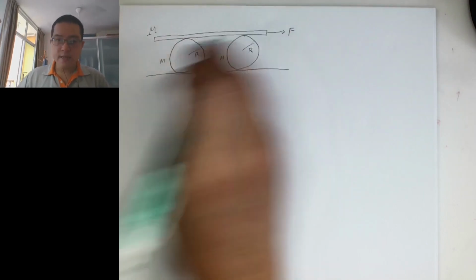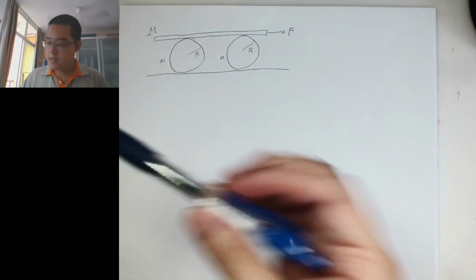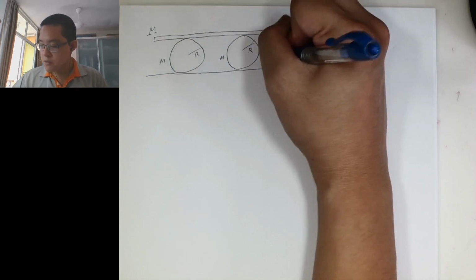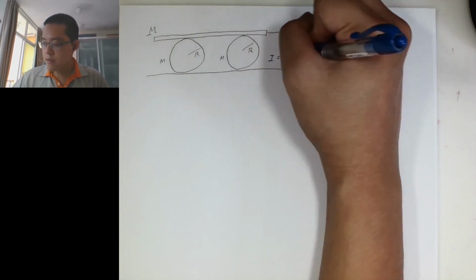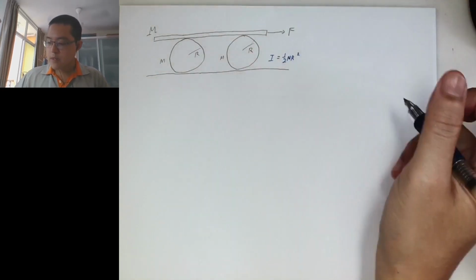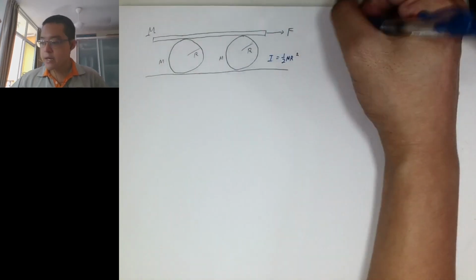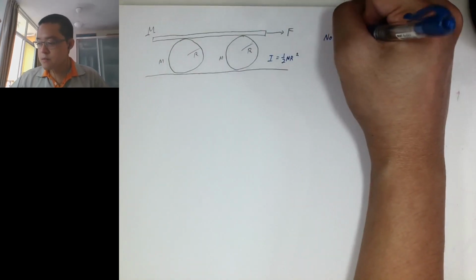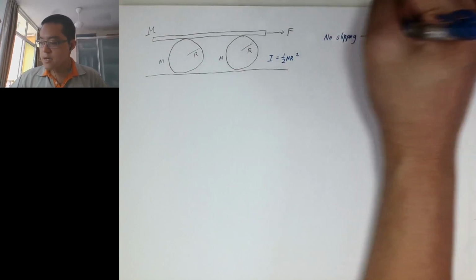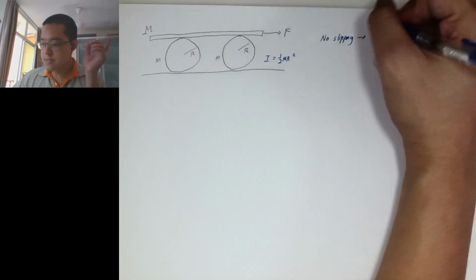So these are cylinders. Cylinder means the moment of inertia is half mr square. And in this question, everybody is no slipping. No slipping means one thing: static friction everywhere.